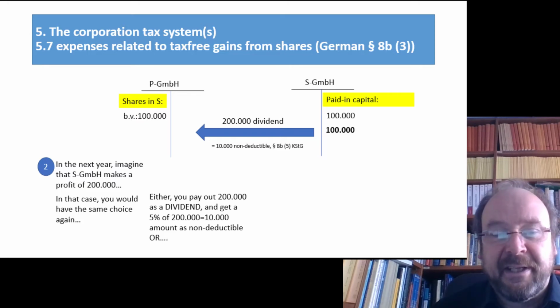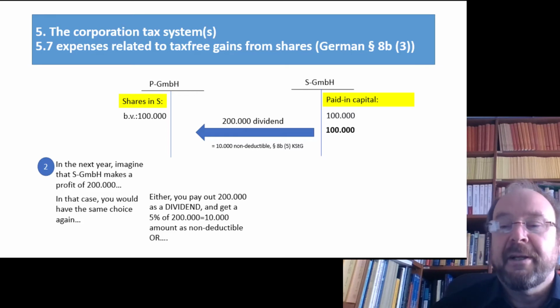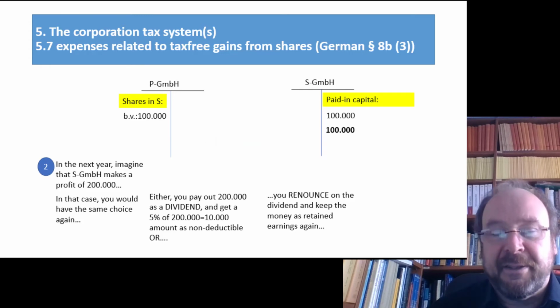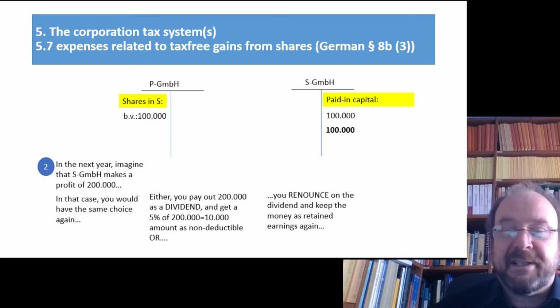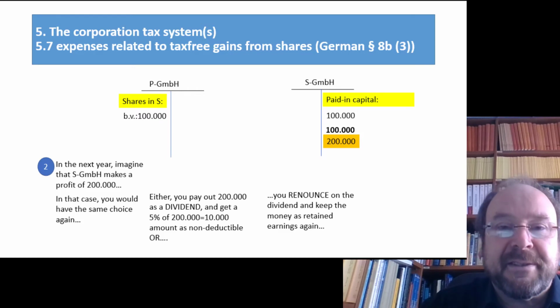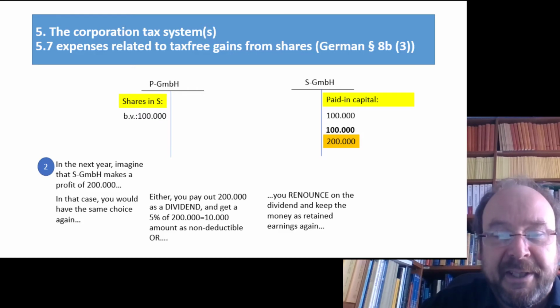That would then entail a non-deductible amount of 10,000 in the profit and loss statement of P GmbH. Maybe they do not want that, then they renounce that dividend payment, forget it, and they place these 200,000 again in the retained earnings.